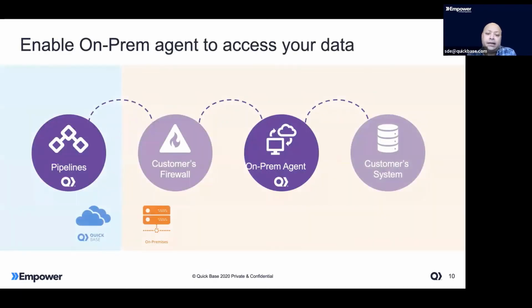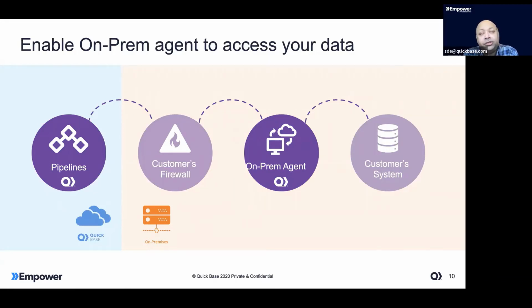So the way that we are proposing to do this is that we have developed a piece of software that is part of the Pipelines infrastructure called the QuickBase On-Prem Agent. And this is just a piece of computer software that is hosted by you within your IT infrastructure.